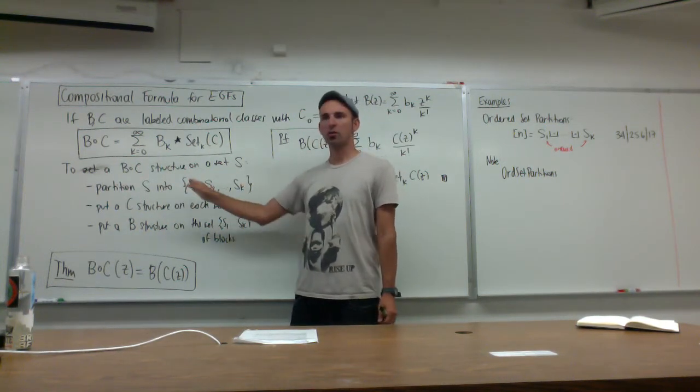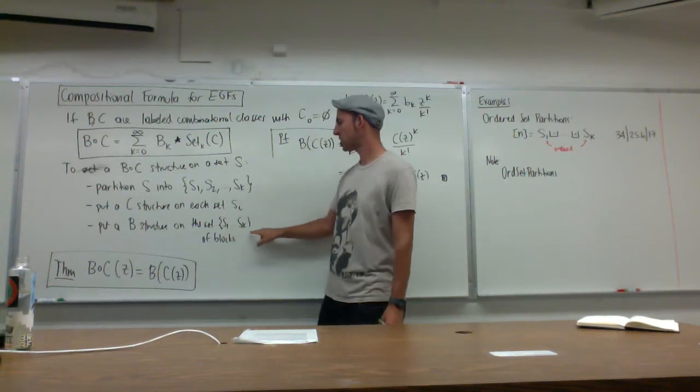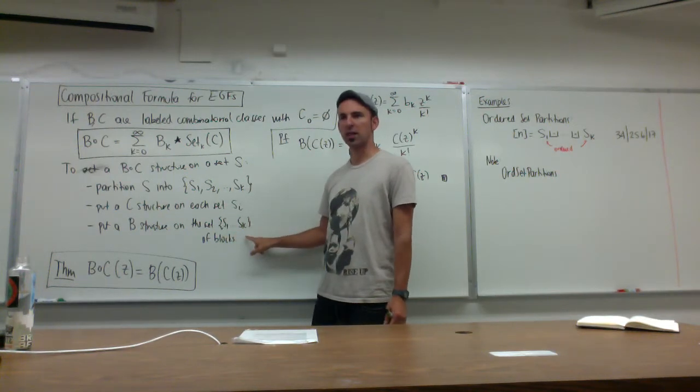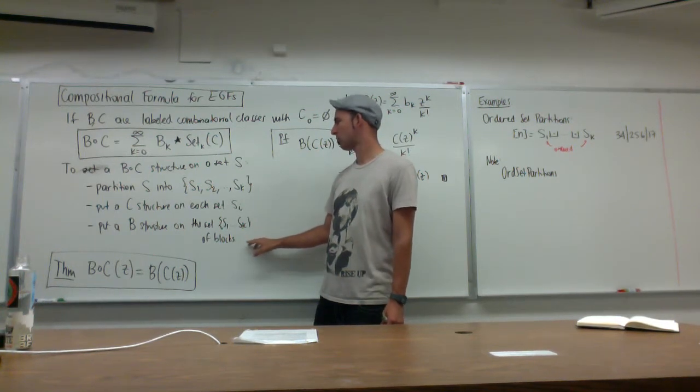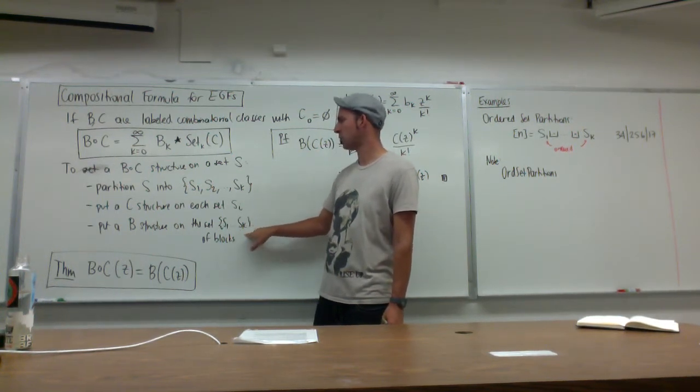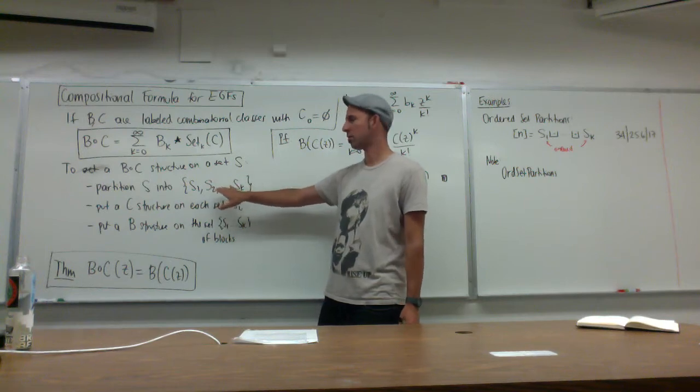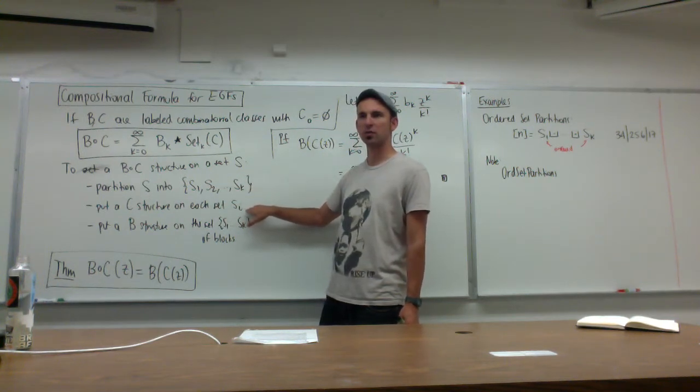Now here they're not ordered, right? And so what I need to do is put an order on those classes, so I need to put a permutation on them. And so this is precisely the composition of permutations with this, where here I'm putting a trivial structure.